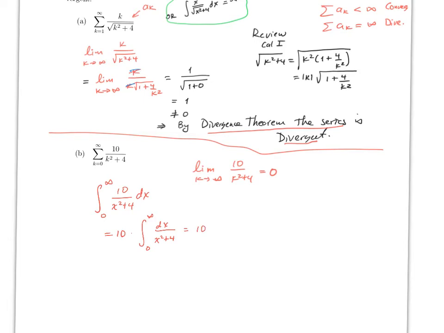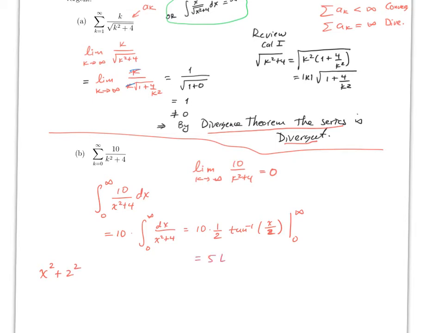So then it will be 10 times 1/4 tangent inverse of x over 2 from 0 to infinity, and this should be 1/2, not 1/4, because remember, this is x squared plus 2 squared.